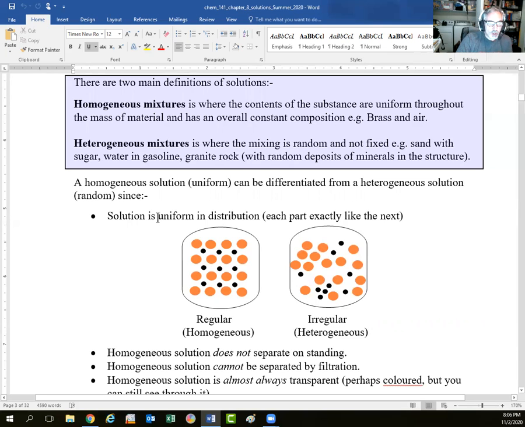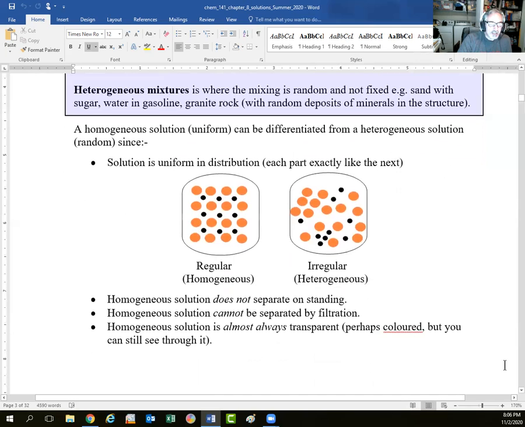However, we also have these heterogeneous solutions where either through lack of solubility or through gravity or something, if it's a mixture of solids or solids and liquids, we can have two or more chemicals which don't evenly mix in the solution. And this could be a whole basic range of things.